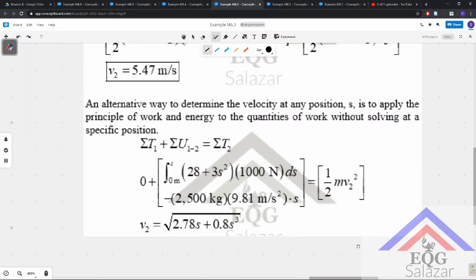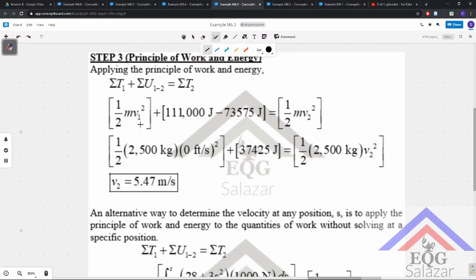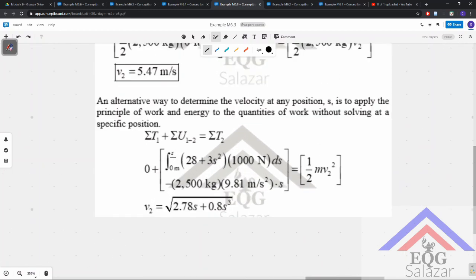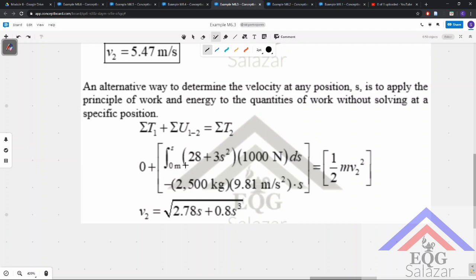So we have 0, because we started from rest, plus the integral from 0 to s of 28 plus 3s squared times 1000 newtons ds, minus 2500 times 9.81 meters per second squared times s, equals the final kinetic energy. So v2 in terms of s is the square root of 2.78 s plus 0.8 s cubed.